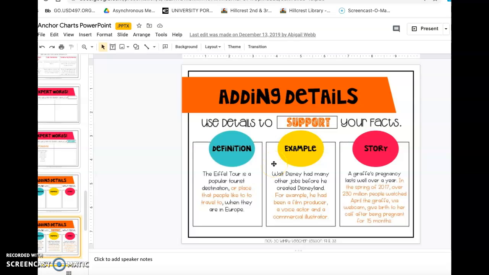Walt Disney had many other jobs before he created Disneyland is a fine sentence, but then the author goes further by giving an example by saying, for example, he had been a film producer, a voice actor, and a commercial illustrator. So expanding on that thought by giving examples. Or you can list a little bit more information in kind of a story form by saying something like a giraffe's pregnancy lasts well over a year.